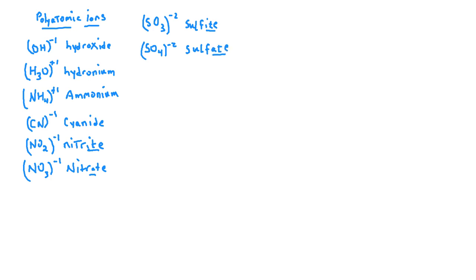This is called carbonate. MnO4, I think that's -1. This is permanganate.